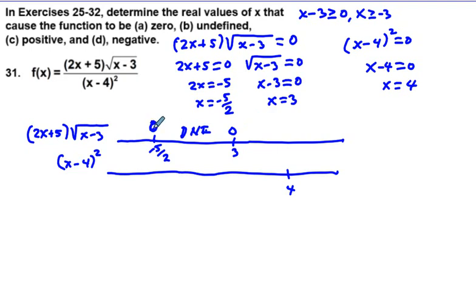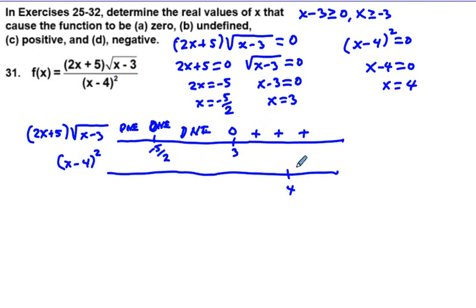So it does not exist to the left of negative 5 over 2, and to the right of 3 we're going to have a positive times a positive, so we're going to have positive, positive, positive.